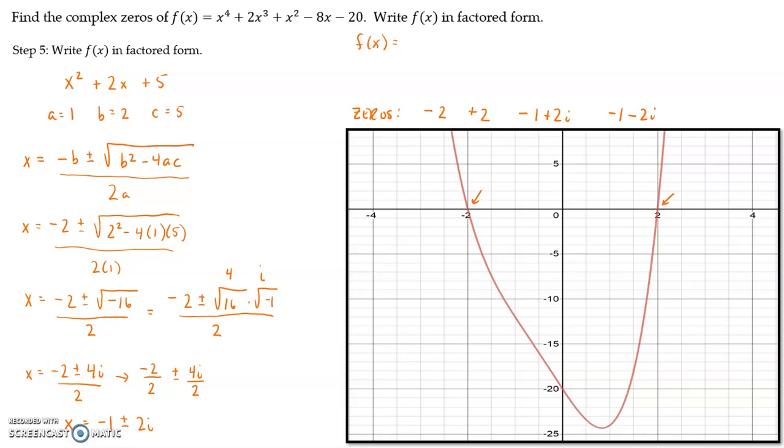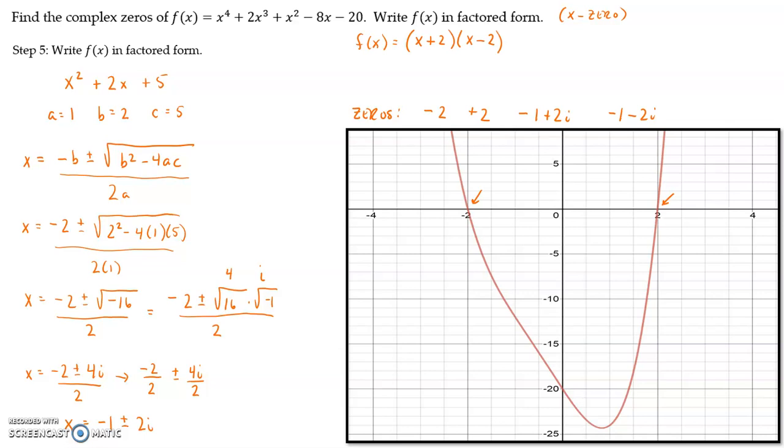Keep in mind in our sets of parentheses here, we want it to read x minus the zero. So for my real zeros, I'm going to use parentheses. So I've got x minus a negative 2, which is going to make this an x plus 2. I've got x minus my positive 2.